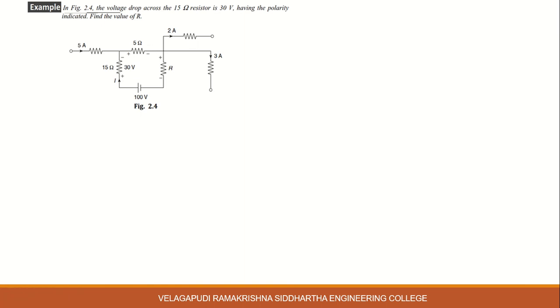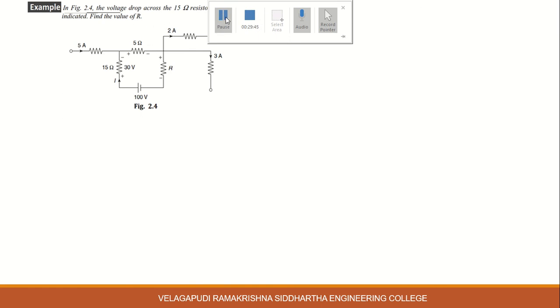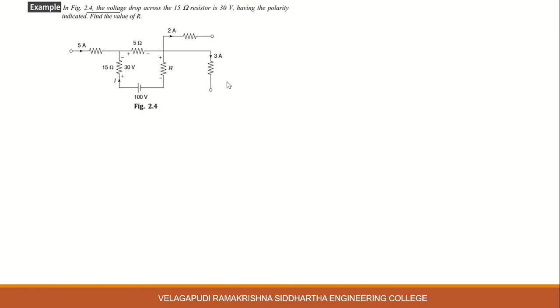Find the value of R. For this example, calculate the value of resistor R. The voltage across the 15 ohm resistor is already given as 30 volts. Now calculate the current through the resistor based on this voltage and resistor value.